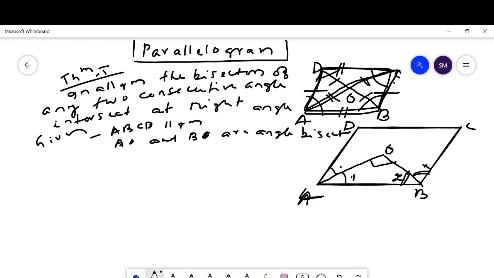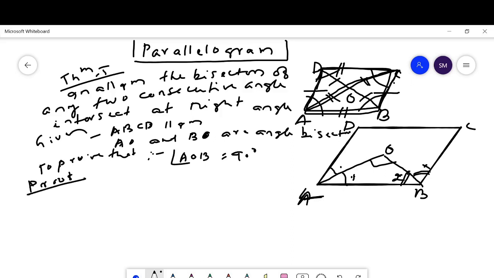And we have to prove that they bisect each other at right angle, means angle AOB measures 90 degrees. We have to prove that angle AOB is 90 degrees.